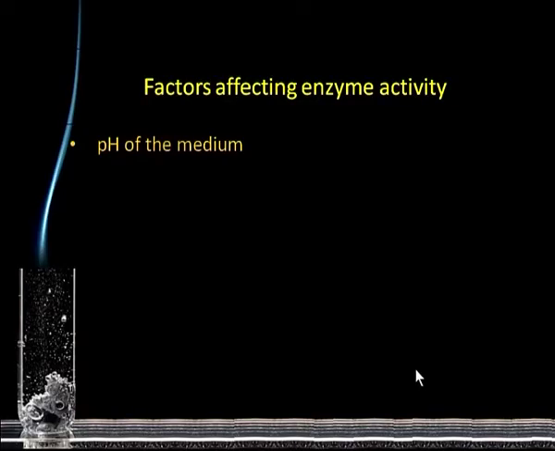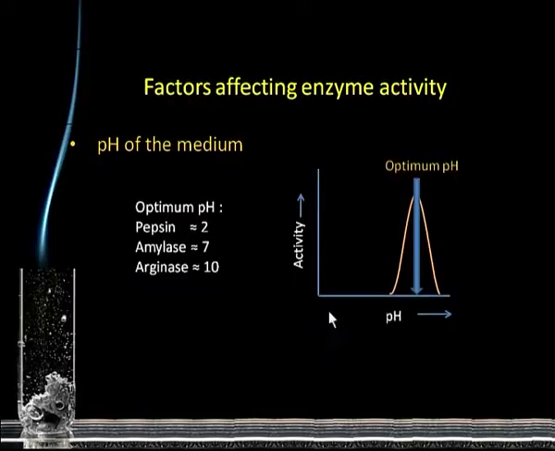And the fourth factor that influences enzyme activity is the pH of the medium. Biological fluids have different pH, and enzymes have to function in them. If you look at how pH influences enzyme activity, again you have an optimum pH at which the activity of the enzyme is maximum. On either side, the activity drops down sharply.